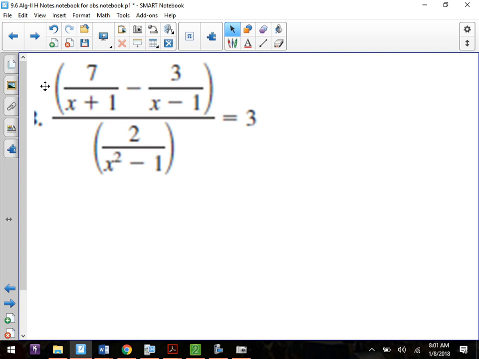Because now you have y equals this, y equals 3. Where do they hit each other? Not so bad.